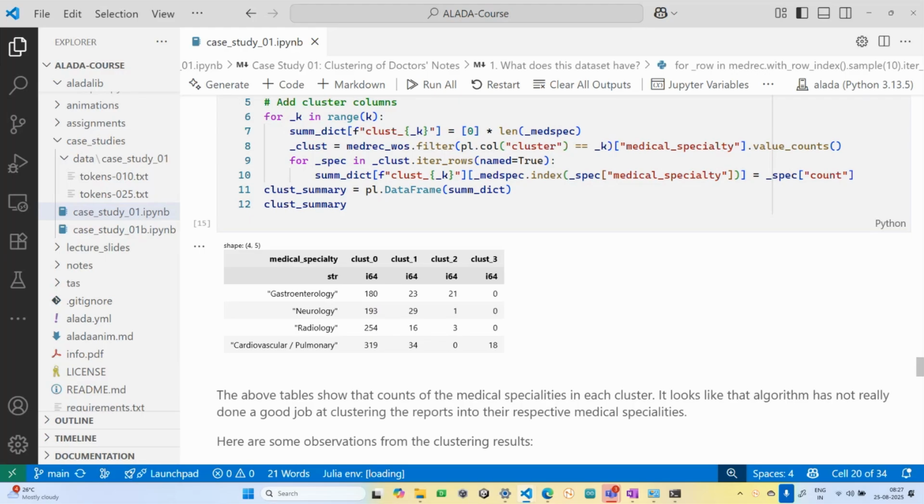So essentially that means our method is not that great. At least the simple way of having a bunch of tokens, counting how many times they appear, and using that to cluster does not do a great job. The second cluster, on the other hand, also seems to have an equal representation for all 4 specialities, but the numbers are somehow smaller.